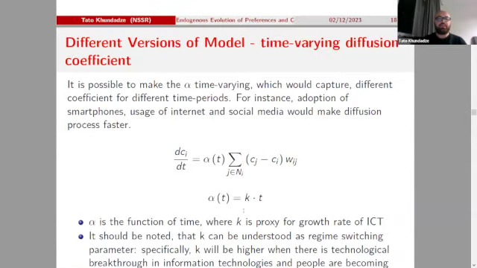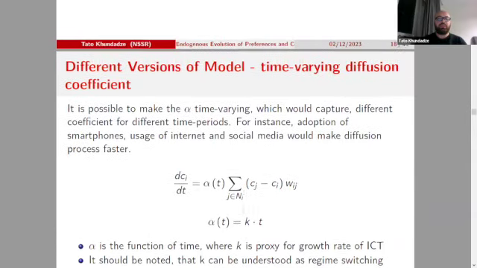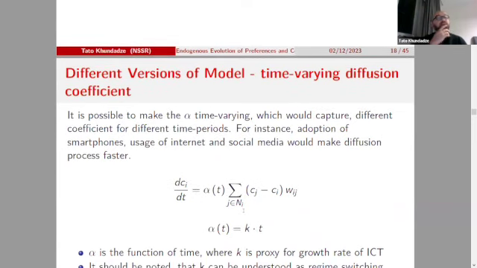We may have a situation where, for instance, in times where the diffusion process is faster, let's say the 19th century, to give a specific thought experiment. In the 19th century, people didn't have any information, or we can state that their information was limited on what other people were consuming.